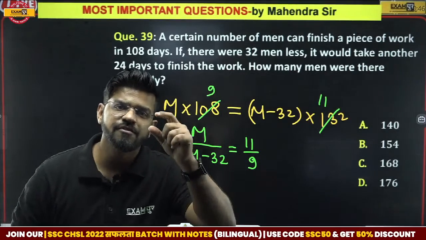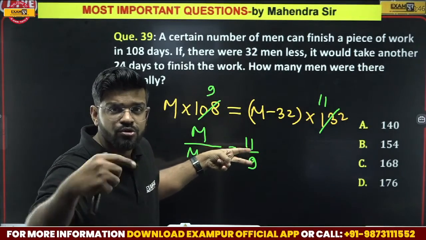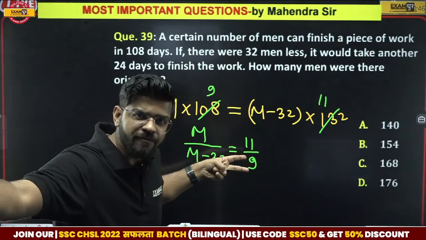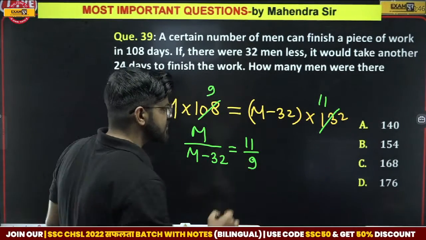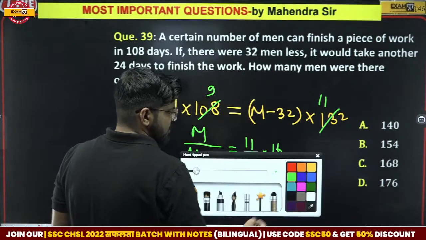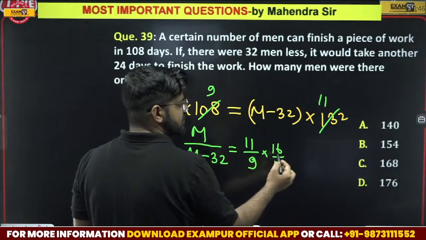It is a difference of 32. But in the ratio, it is a difference of 2. So to make the difference of 2 into 32, we have to multiply by 16. If we multiply by 16 on both sides, then the difference between both will be 32.